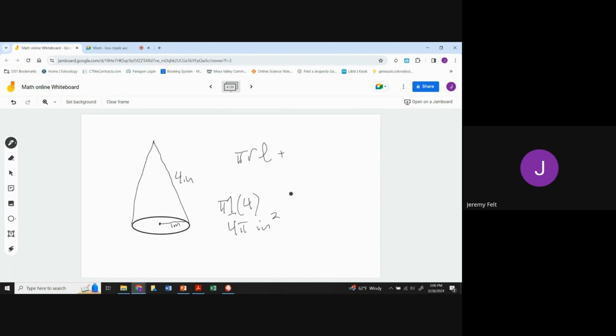Anytime it's area anything, it's units squared. Or if we wanted to use 3.14, we do 4 times 3.14, which is 12.56 inches squared. Okay, so pi r times the slant height.